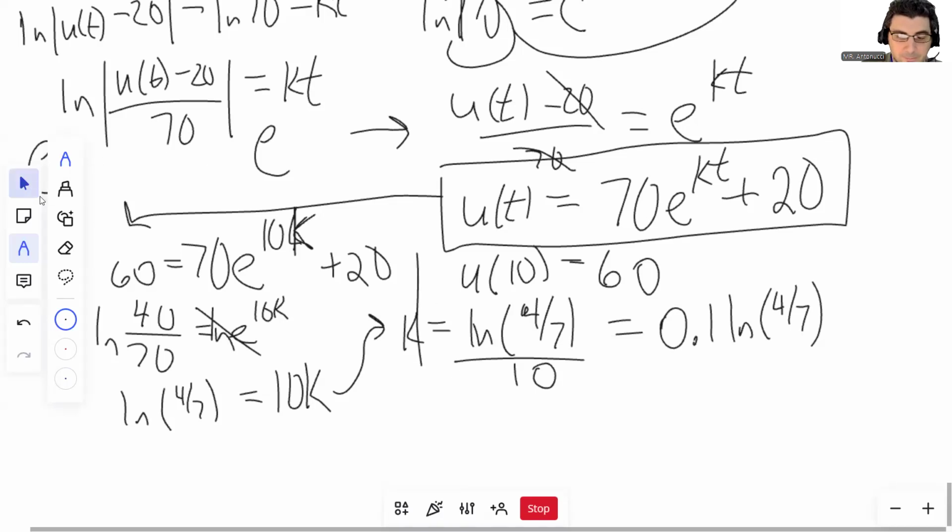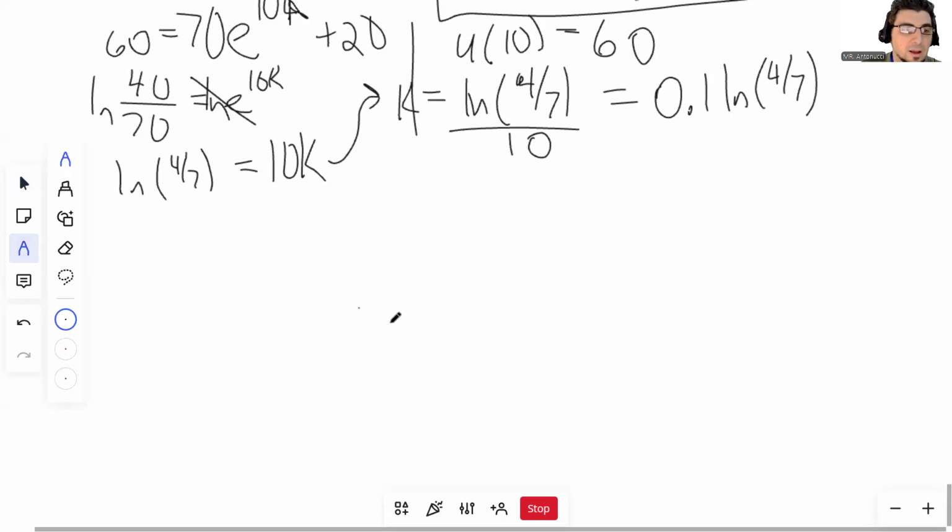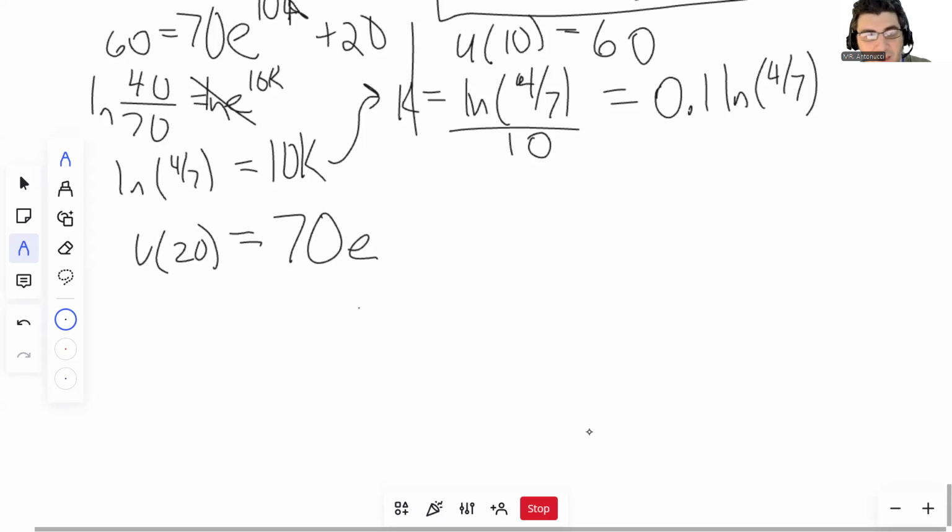So they wanted us to get the temperature at 20 minutes. So u of 20 is equal to 70 e to the kt plus 20, where k is 0.1 natural log of 4/7, times 20, so times t.